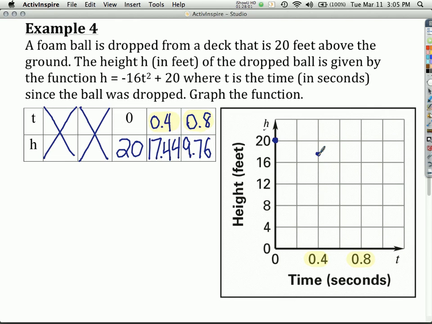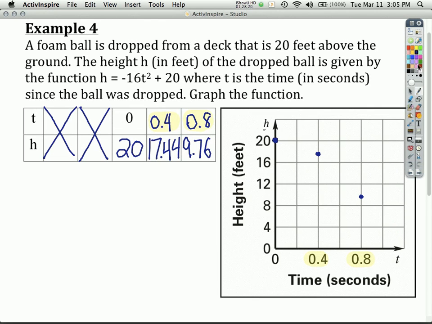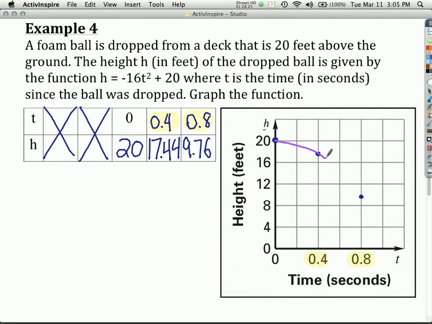That's going to be 17.44. And then 0.8, 9.76. Well, there's 8. 10 is in the middle, so I'd say just slightly below where the 10 would be. That's going to be about 9.76. And now try to draw a curve. And so this is how the speed with which the ball will drop and where it is at each point in time.